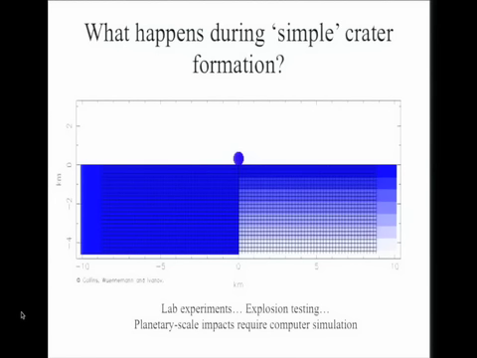Now, in order to understand what's happening during an impact, we've used laboratory experiments where you have a high-pressured gas gun, but those are really quite small impact craters. There's also knowledge from explosion testing, so you get craters that are tens of meters across. But if we want to go up to a planetary scale, like really have a look at the planet-tearing-apart impacts that can happen, we need to go to computer simulations.